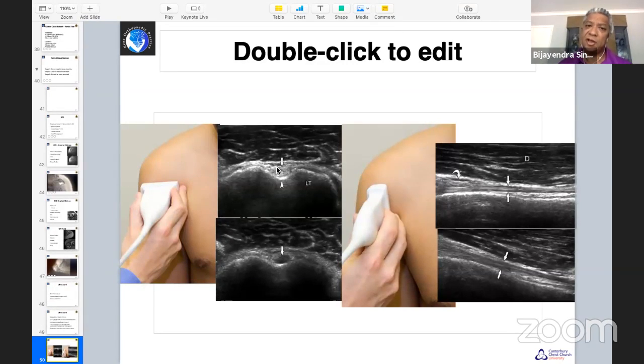Here you can see it held perpendicular, and you can see the biceps tendon in there. In this picture, the probe has been angled slightly so that the biceps appears to be empty. So if somebody was looking at the bottom picture, you would think that the biceps is missing, but in fact, the biceps is still very much there. So that's the downside of ultrasound for tendons.